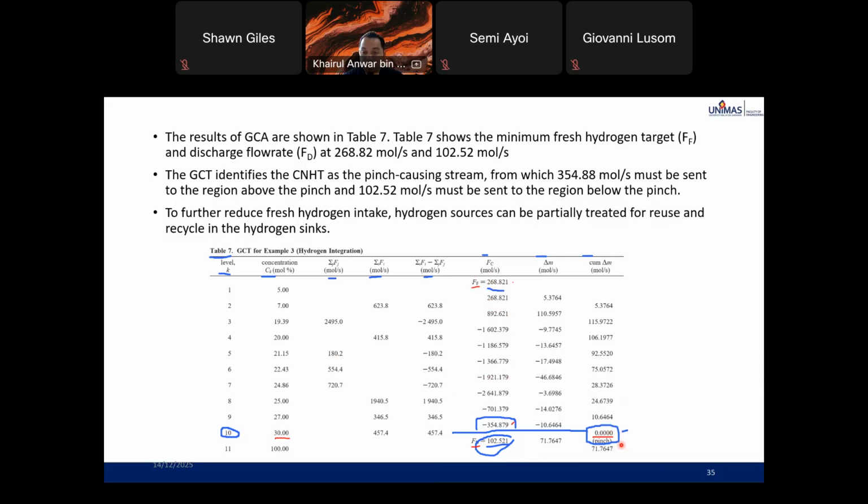The point that you choose for the FF turns to 0, this is the pinch. Any value above 54.79 will become above the pinch. Meanwhile, the value below the pinch is still below the pinch.